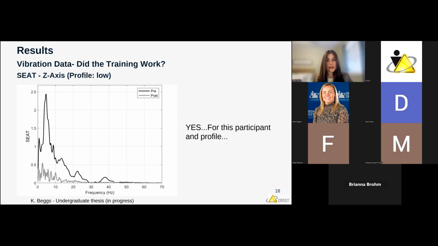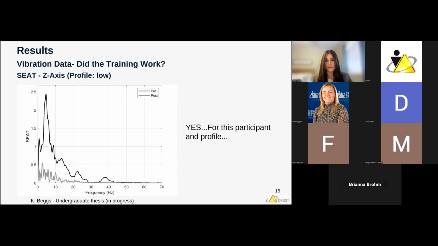We can see a reduction in vibration transmission. The pre is the black line, and the post is the light gray. Because the pre looks to be much higher than the post, it shows there was a reduction post-training for this participant. So it looks like the training did work for this participant and for this profile.